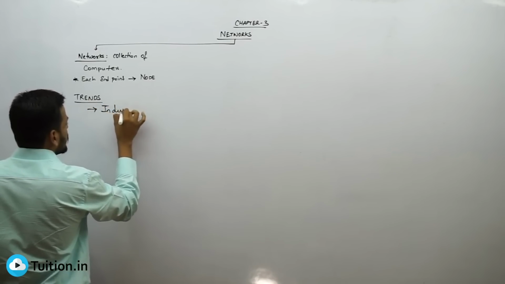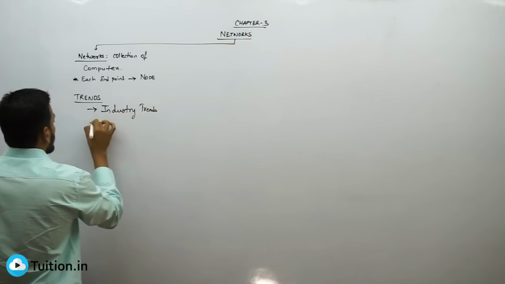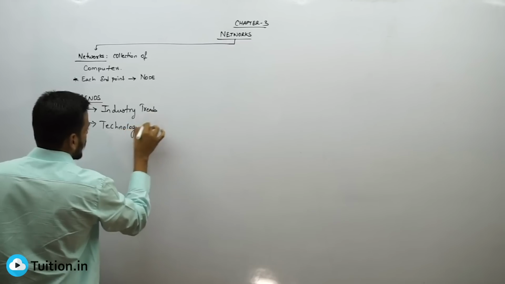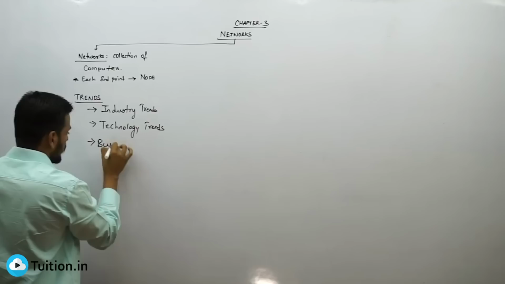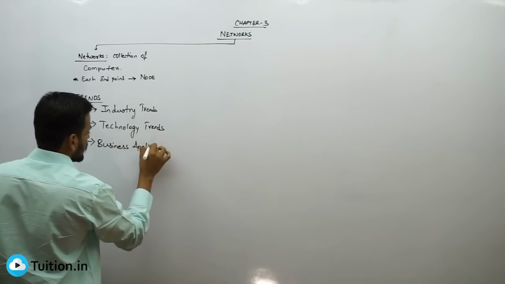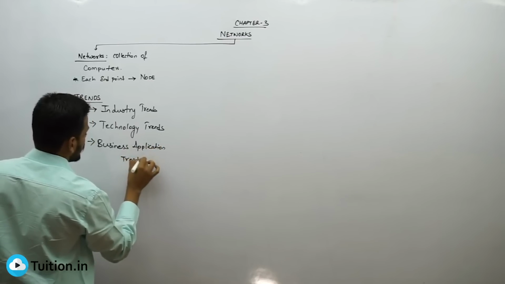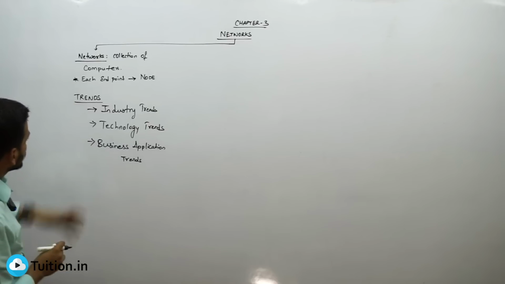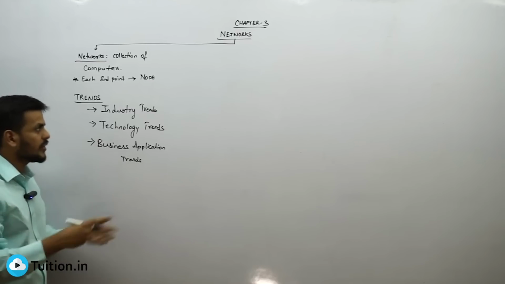Industry trends have changed, technology trends have changed, and of course business application trends, or you can say business trends, have also changed, right? So this is about the trends and the changes, the reasons why we are starting to use networks.